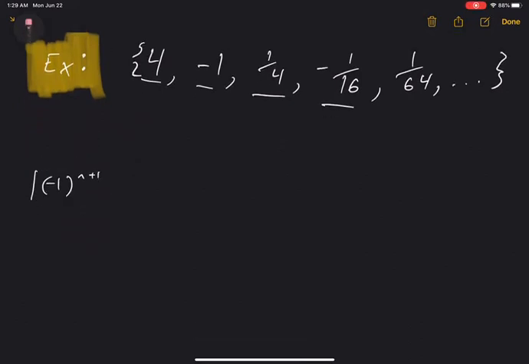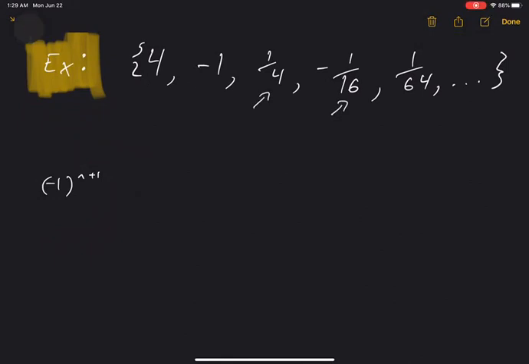So I know my formula for my terms is going to involve this negative 1 to the power n plus 1. So that takes care of my alternating sign. Now I can just ignore the alternating sign and look at the numerical values. I got 4, 1, 1/4, 1/16, so on.